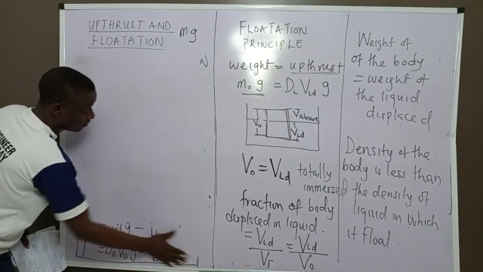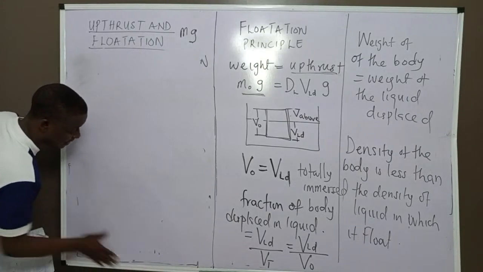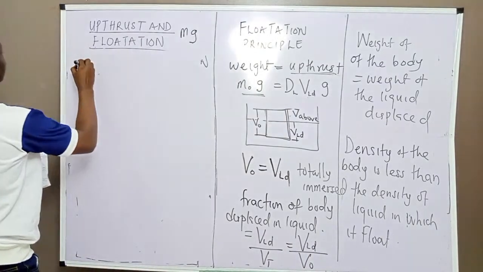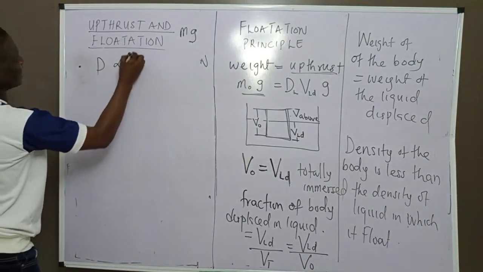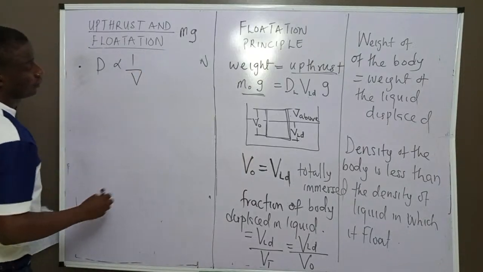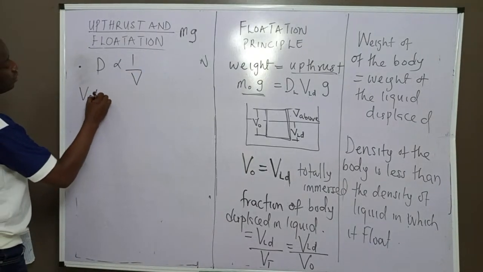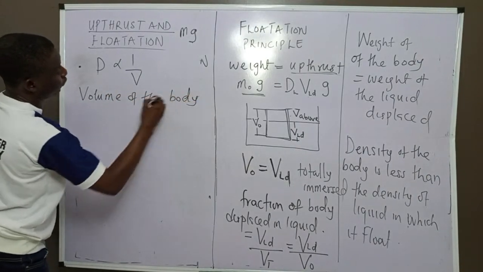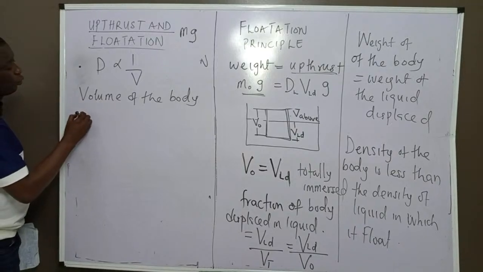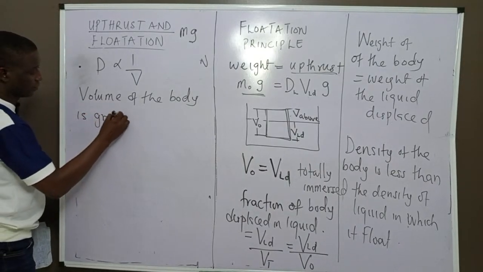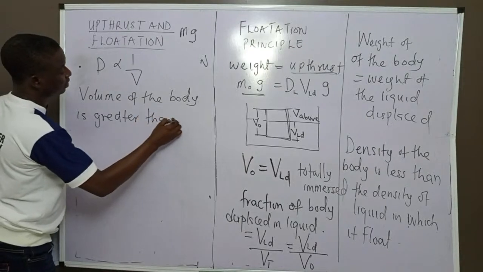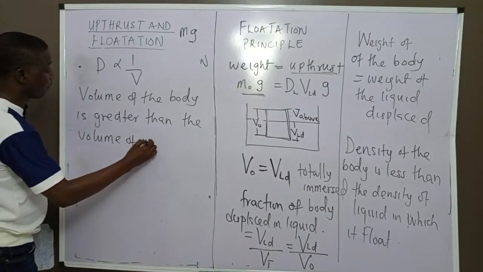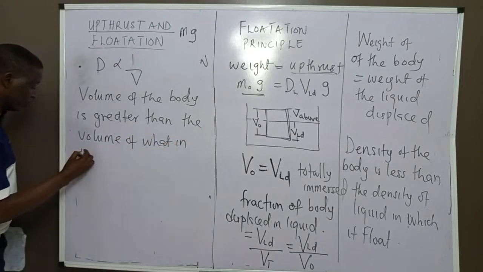Number two, the density is inversely related to volume. So that means the volume of the floating body should be greater than the volume of water in which it floats.